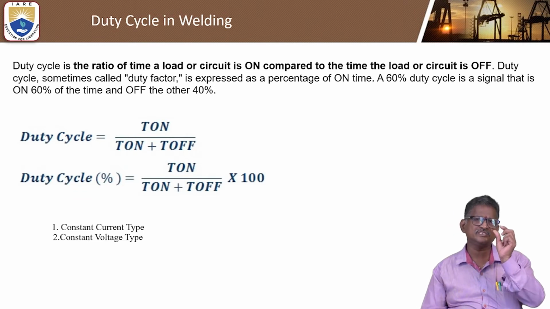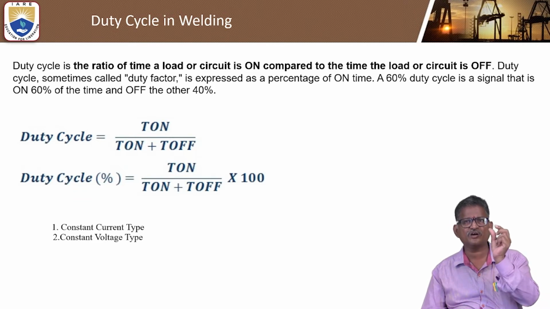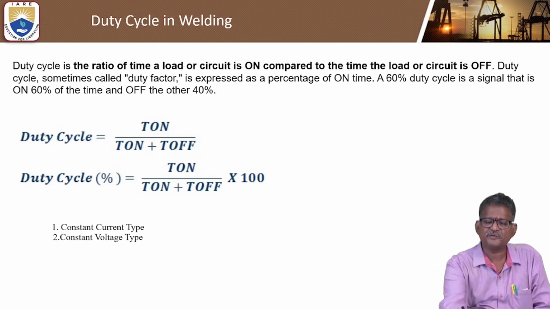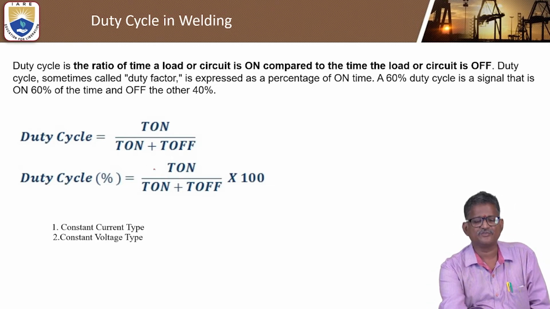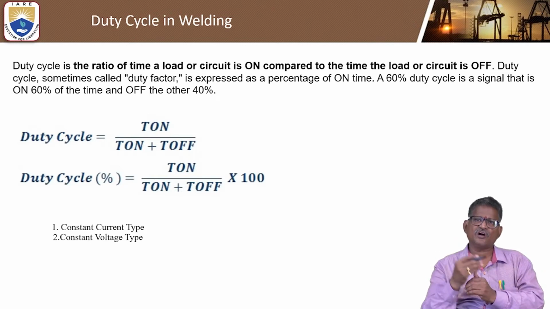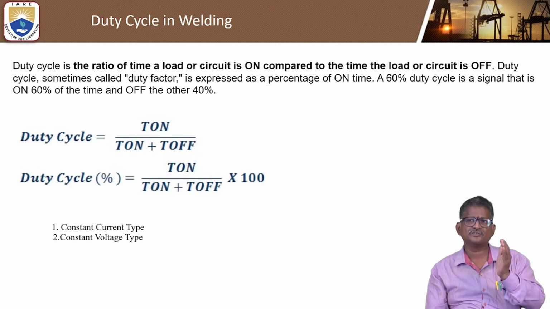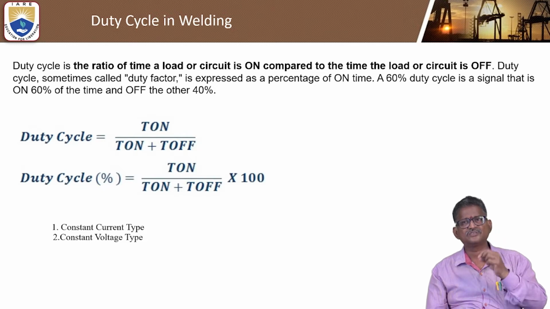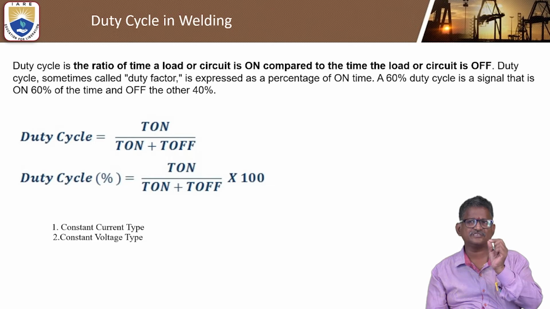The duty cycle is the ratio of the time the load or circuit is on. So this is T on divided by T on plus T off. Duty cycle can be defined as the ratio of circuit on time divided by circuit on plus circuit off time. Sometimes it is also called the duty factor. So if the percentage on time is 60%, the duty cycle is 60% on and 40% off.